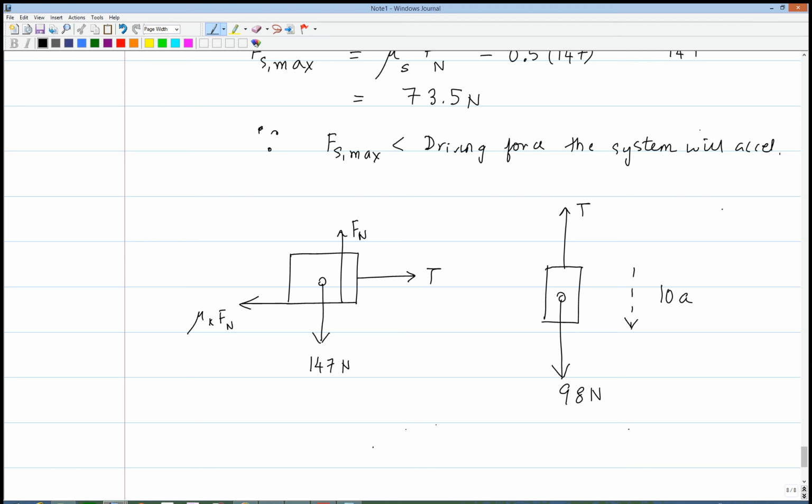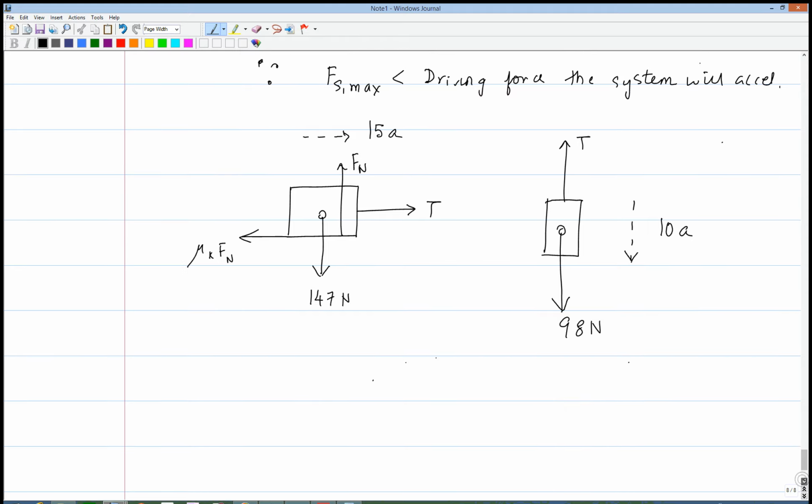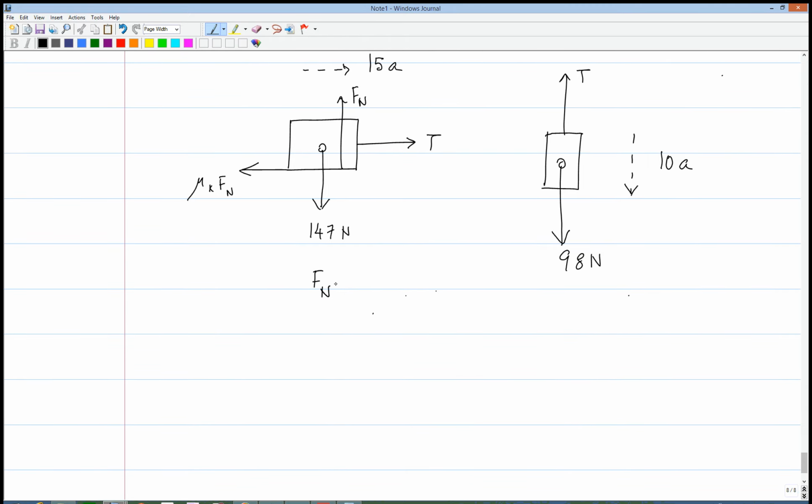The only reason I write mu k Fn here is because I know that the system is going to accelerate, and then I can write 15 times A pointing to the right. We already know Fn, but I'm going to write it once again: Fn is equal to 147 newtons. Therefore mu k Fn is equal to 0.4 multiplied by 147, which is going to be equal to 6 times 9.8.